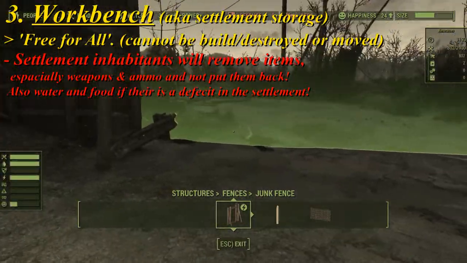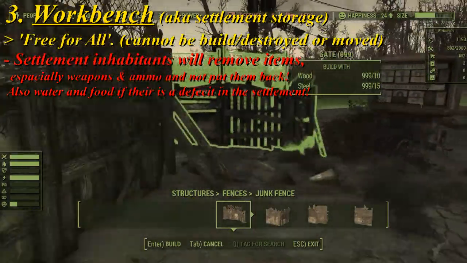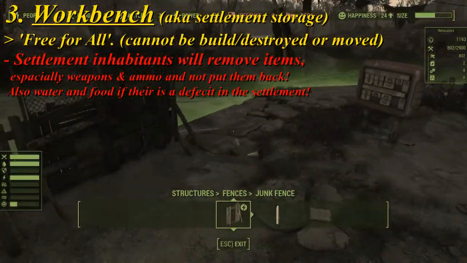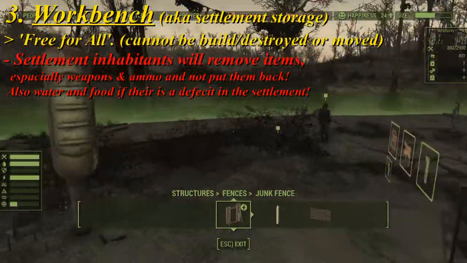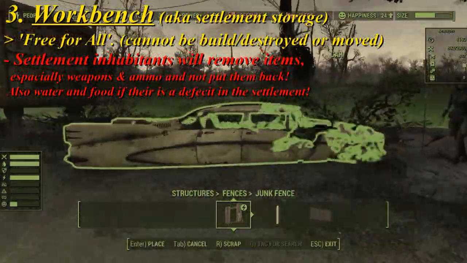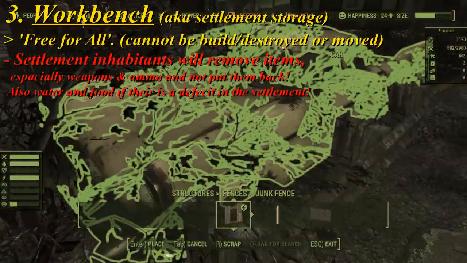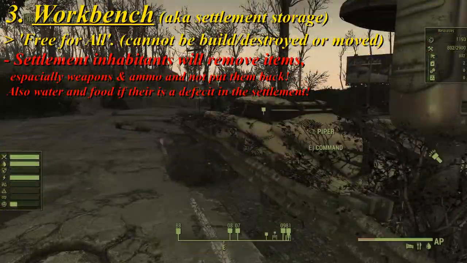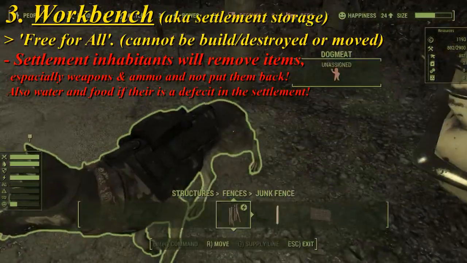One of the biggest problems with that is that they can reach in and actually take a fusion core. They will take this fusion core and put it into a power armor in the settlement, which means your NPCs will start walking around with your power armor if you're not careful where you put your fusion cores. So always be very, very wary of what you put in a workbench, because settlers or inhabitants of your settlements can take stuff out of it. That is the first thing that can happen.